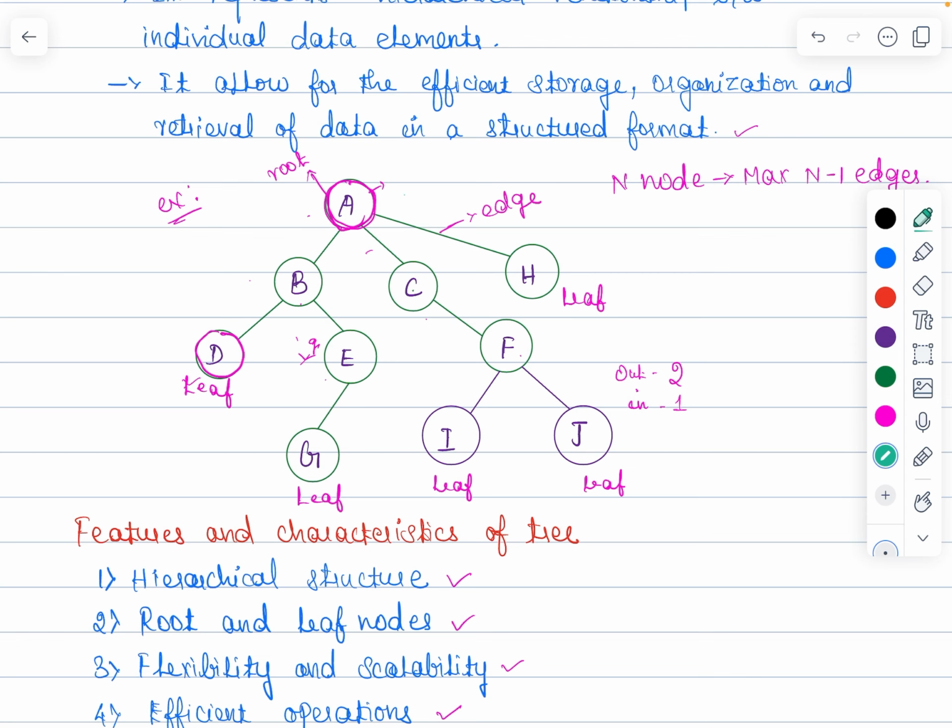If you check, the root node is at level 0, this is level 1, this is level 2, and this is level 3. So the total level of the given example tree structure is 3.